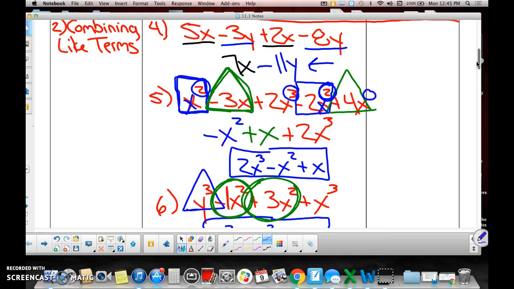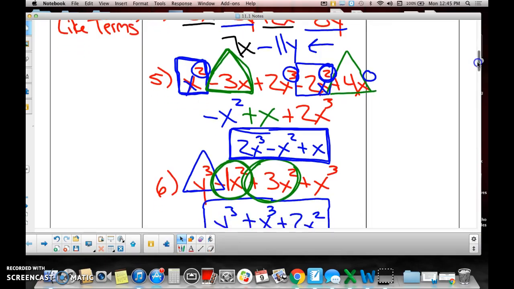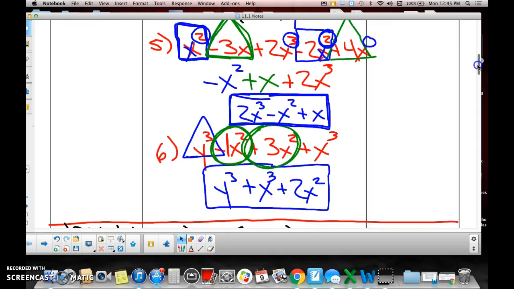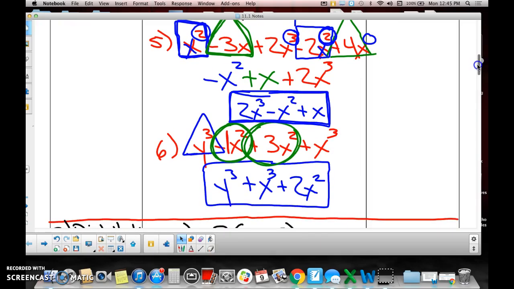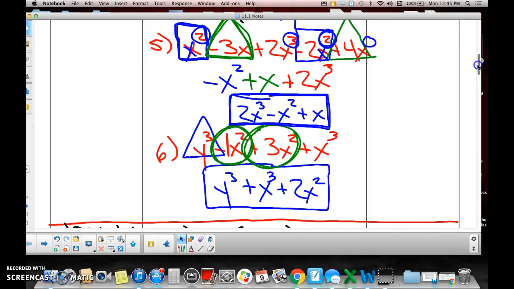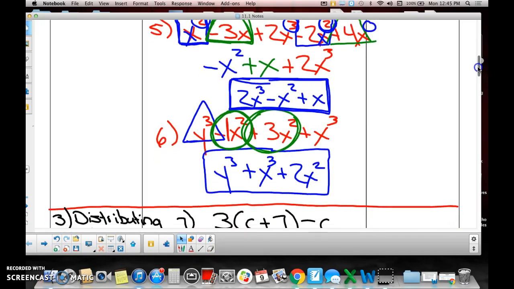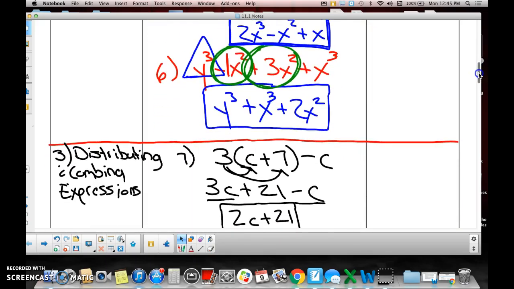Then ultimately, I'd like you to write from largest exponent to smallest exponent from this point forward. Terms that are just numbers go where, you guys, in a long expression like that? Yeah. Numbers go at the very end if you're dealing with variables.